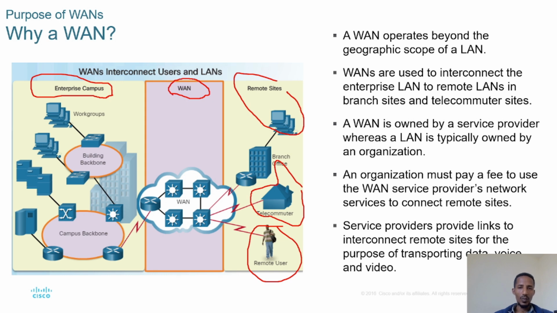So a WAN is something that usually operates beyond some geographical scope, without geographic limitations. The main purpose we need WAN is whenever we want to connect an enterprise LAN with remote LANs.